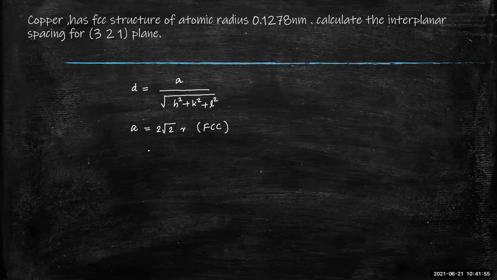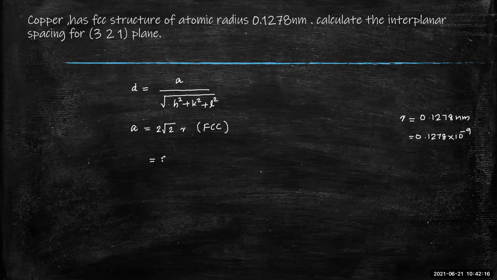Then first we find R, which is given as 0.1278 nanometer, that is 0.1278 into 10 raised to minus 9.